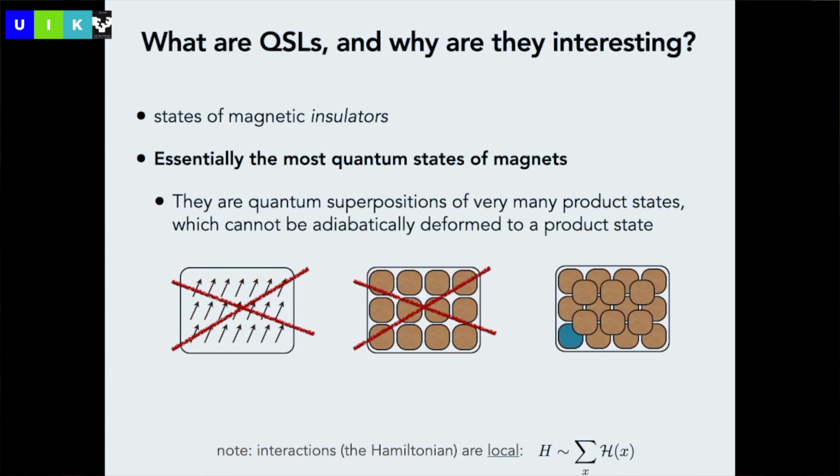And even if you had a ground state where you had spins that were entangled, but entangled locally, that would still be a product state where your blocks would be bigger than single sites, but you could still describe them as a product state, and this would also not be a quantum spin liquid.